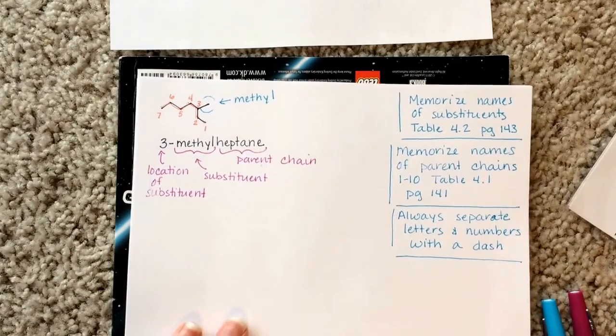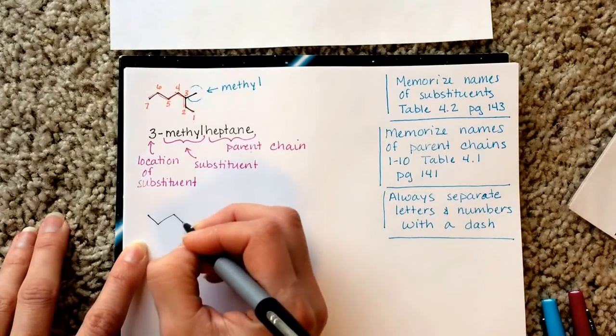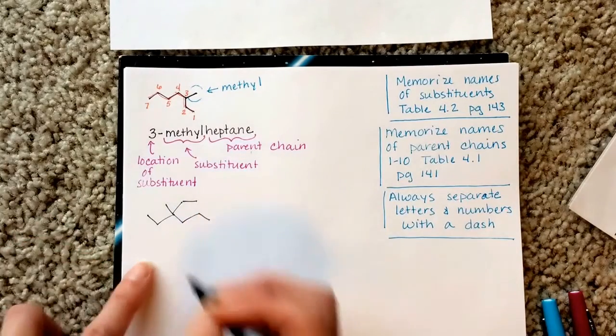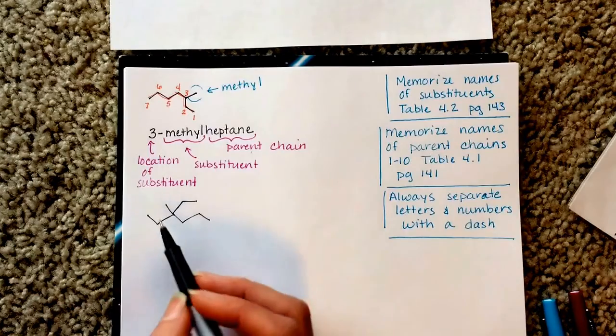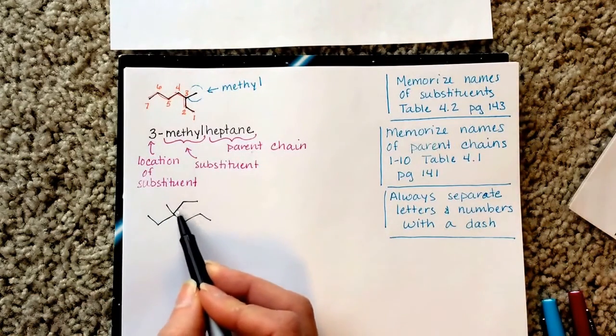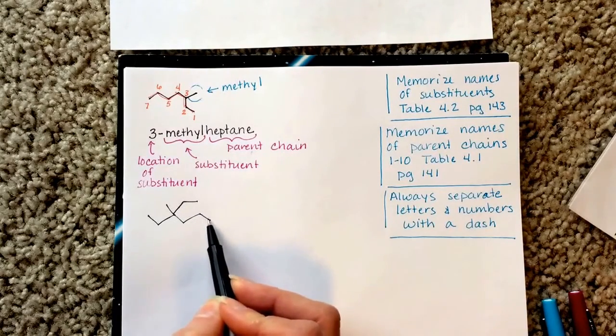So let's look at another example. This one's a little bit more interesting. Step 1 is to find the longest carbon chain. 1, 2, 3, 4, 5, 6. 1, 2, 3, 4, 5. 1, 2, 3, 4, 5, 6. 1, 2, 3, 4, 5.